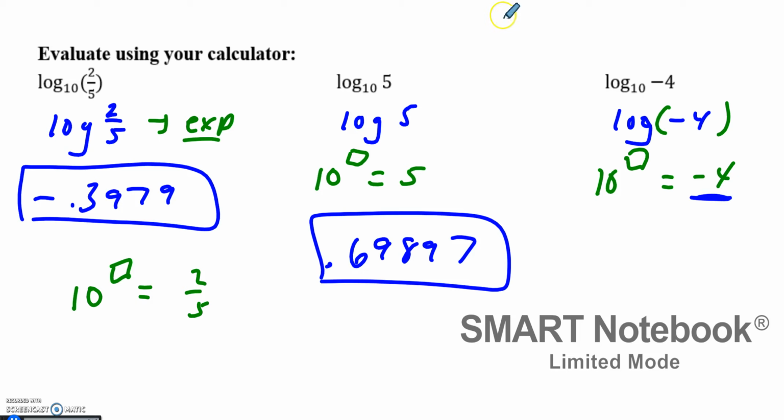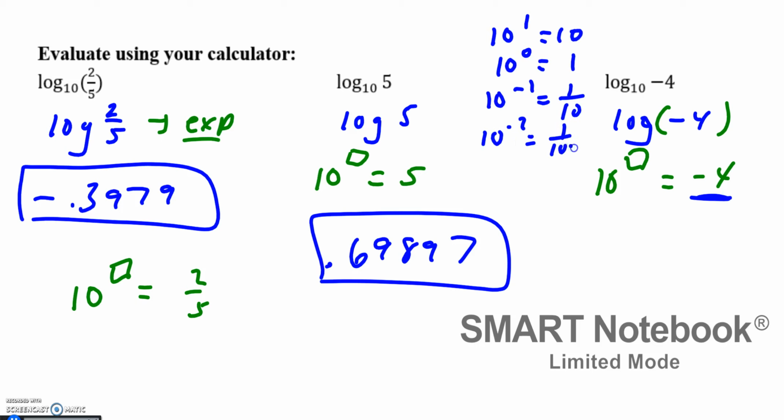Because let's again think about the power of 10. 10 to the first is 10. 10 to the 0th is 1. 10 to the -1st is 1/10. 10 to the -2nd is 1/100 because that's 10 squared and the reciprocal. So literally, there's never any kind of exponent I can plug in that causes a negative number.